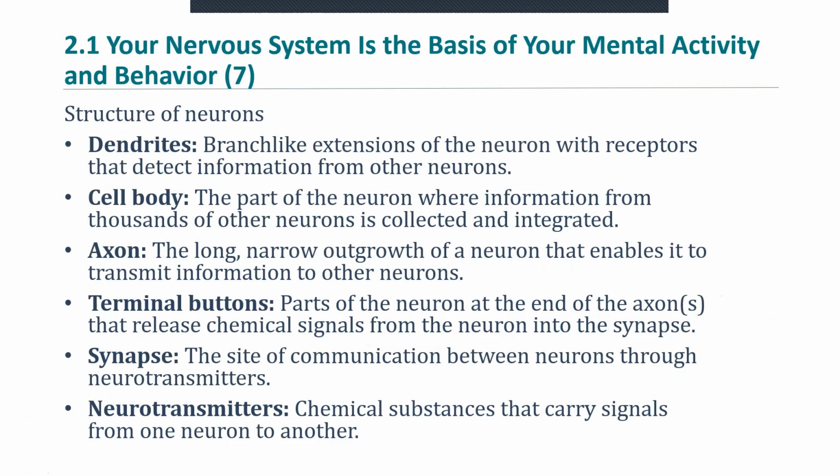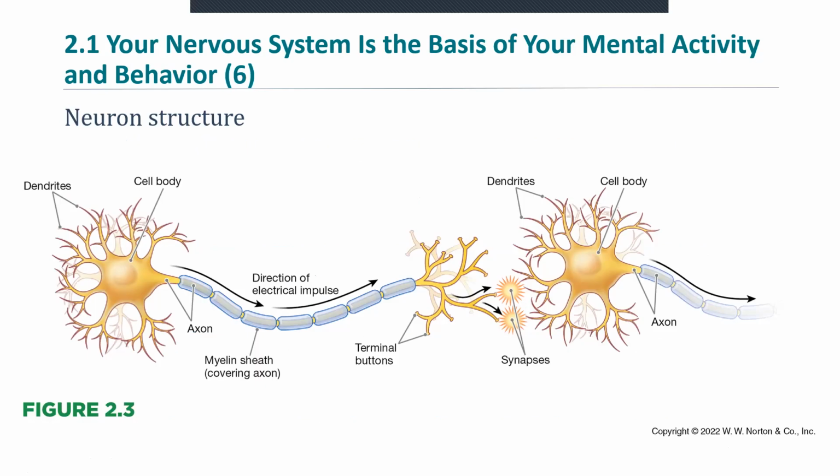So I will be on the picture as I talk about dendrites, the cell body, and the axon, and things like that. Just understand that these little definitions are here on the next slide. But I want the picture up as I introduce these terms. So neurons are kind of oddly shaped compared to other cells in the body. They have a number of specific features.